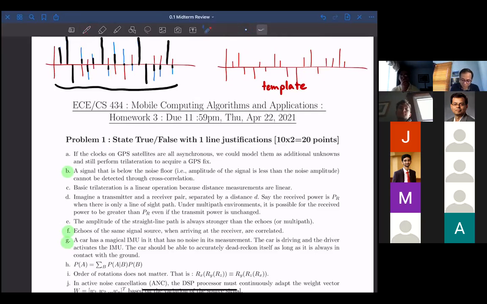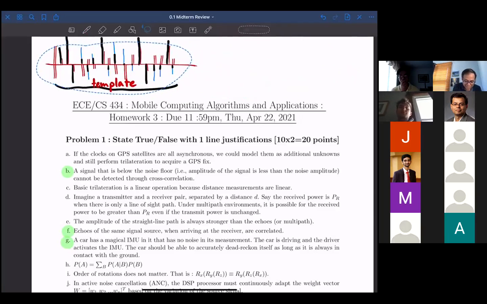So now, when you have shifted this signal and the signal has perfectly matched with the red part, but is uncorrelated to the blue part, which means on average, the template times blue is 0, but on average, the template times the red, when they are matched up, gets doubled or squared.